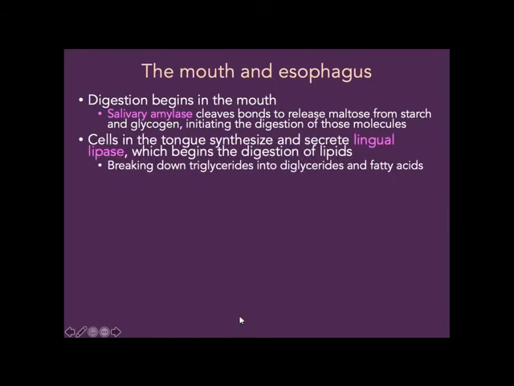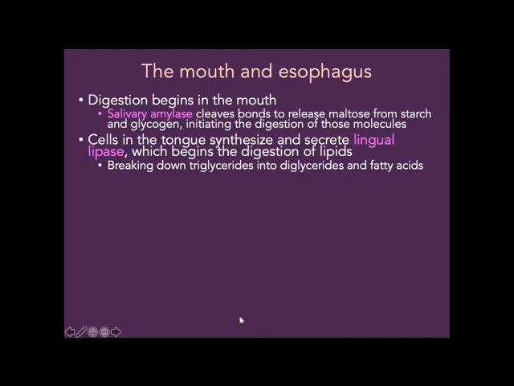And then cells in the tongue will synthesize and secrete lingual lipase. So what do you think that one does? Well, lingual means like tongue. Yeah. And what do you think a lipase breaks down? Oh, it's lipids. Yeah, lipids, right? So lingual lipase begins digestion of lipids, so it starts breaking down triglycerides into diglycerides and fatty acids.